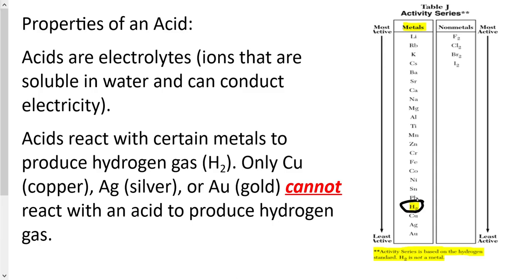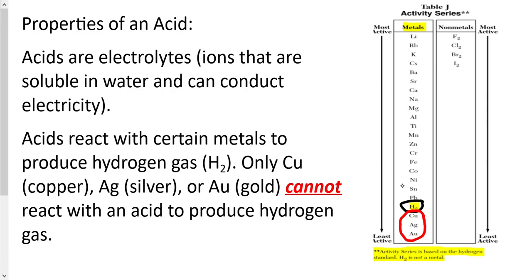Now, the reason it is listed in our reference table J, in the column for metal, is because you need to know that copper, silver, and gold, the three elements that are under your hydrogen gas, cannot react with an acid to produce hydrogen gas.